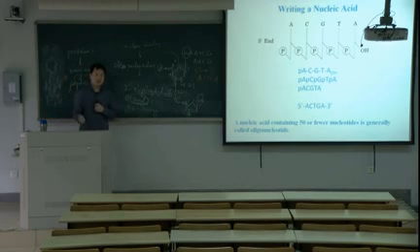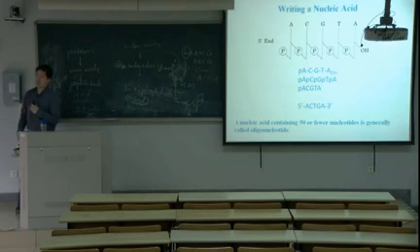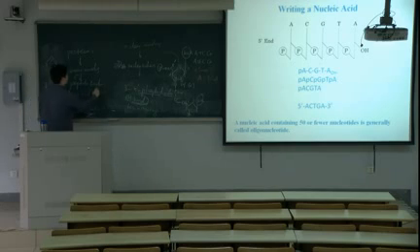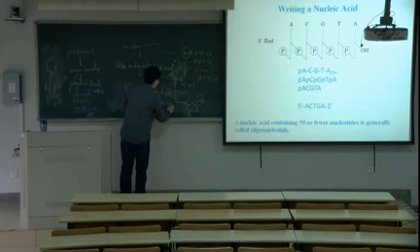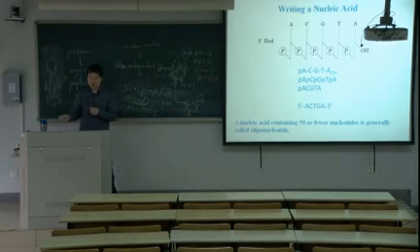And also just like proteins, if the peptide has less than 50 amino acids, we call them oligopeptides. And if it's less than 50 nucleotides, we call them oligonucleotides.